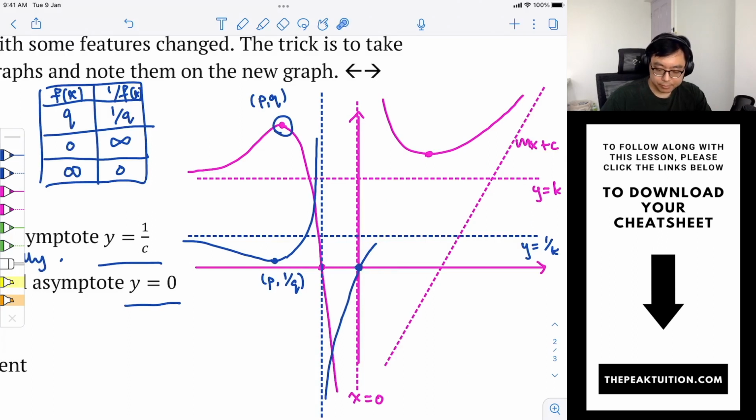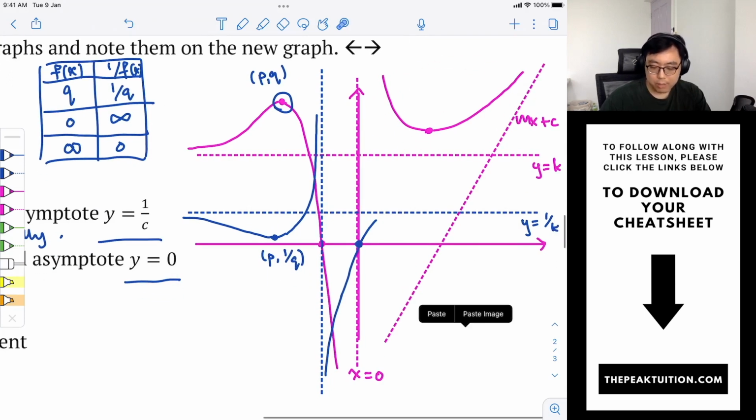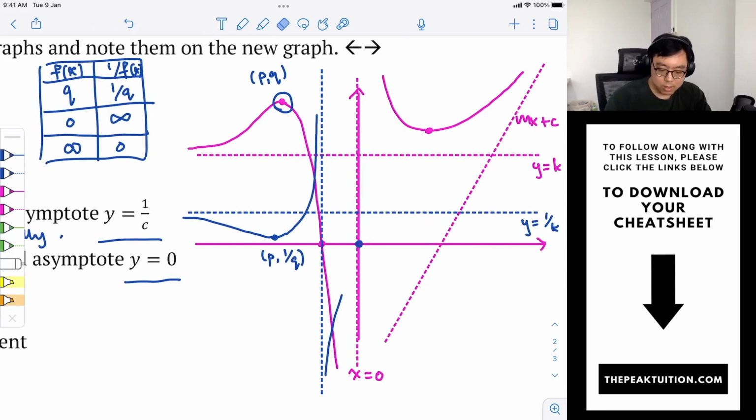Also, notice that the original graph is all above y equals k. So the reciprocated graph should all remain below y equals 1 over k. Here this looks a bit too spiky, so let me redraw this part.